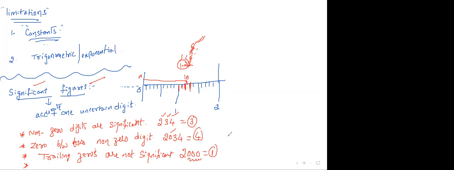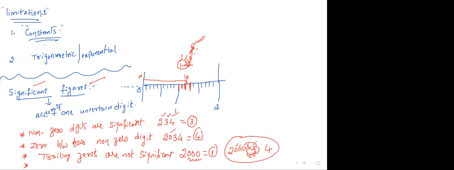1. But please remember, students, if I put a condition like this, what is the significant figure for 2000 kg? 4. Very good. You have to consider these 3 zeros as significant if I mention the unit. So if I mention the unit, you have to consider the trailing zeros as significant.